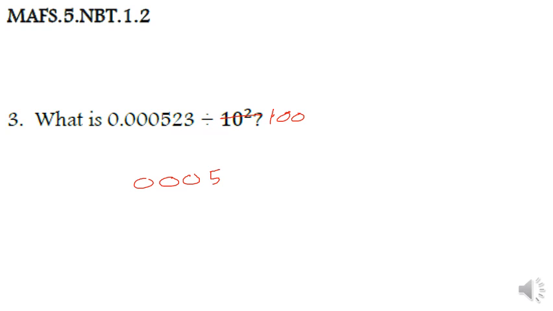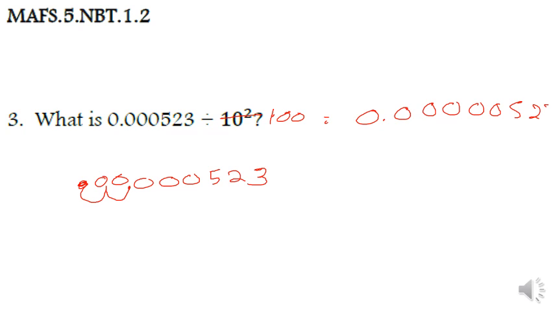So if I go 0.000523, and the decimal place is right here, but I'm going to go smaller by 2 because I'm dividing it, 1, 2. So our answer is actually 0.00000523.